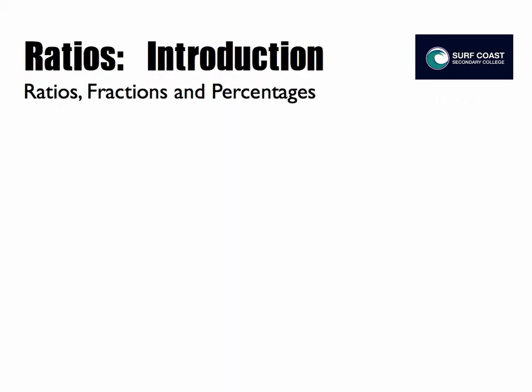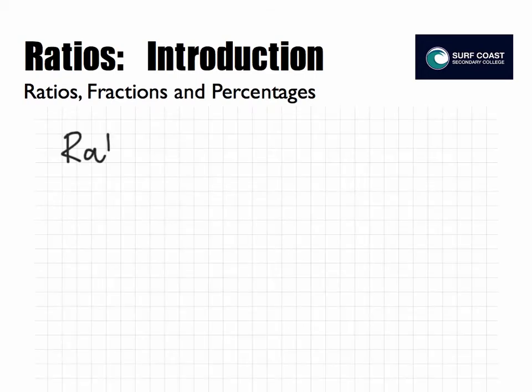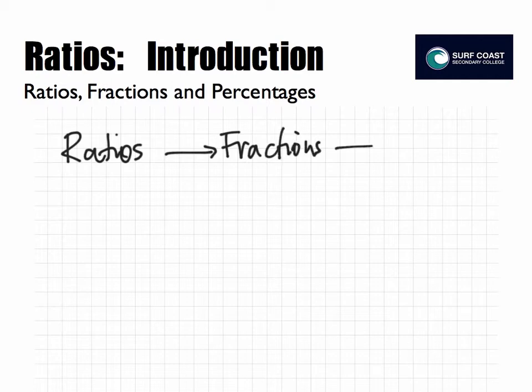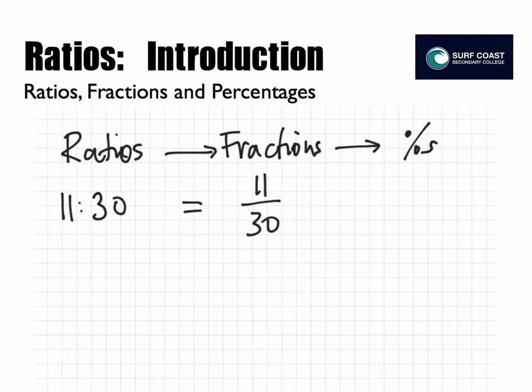The second really important thing to understand is the relationship between ratios, fractions, and percentages. Because the easiest way to explain is they're each other just by another name. So if I had a ratio of 11:30, that would be the same as a fraction of 11/30, which would also be the same as the percentage, 36.67%.